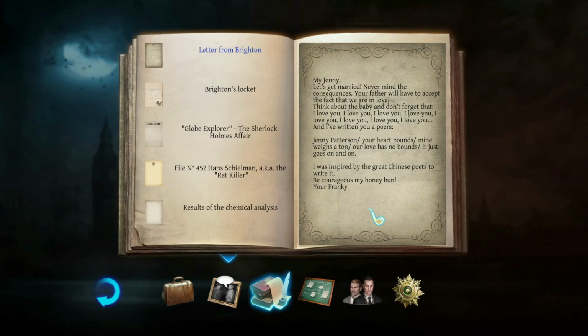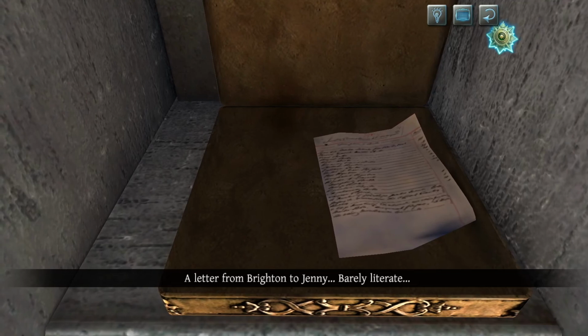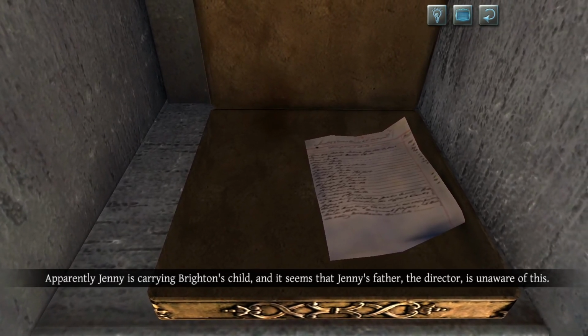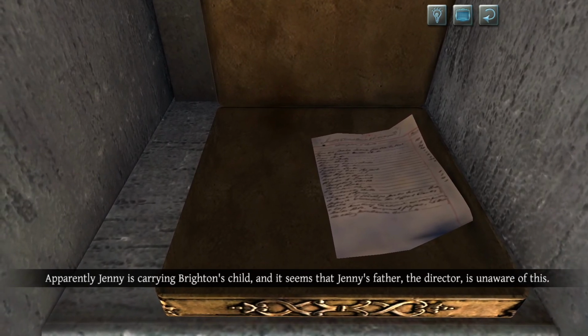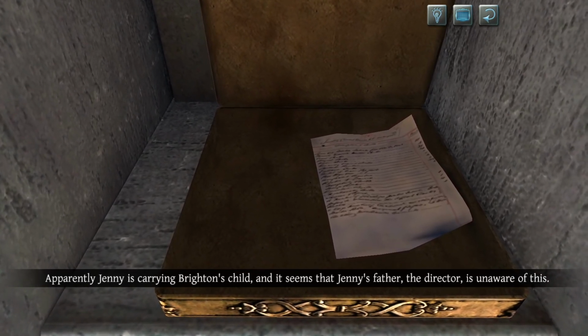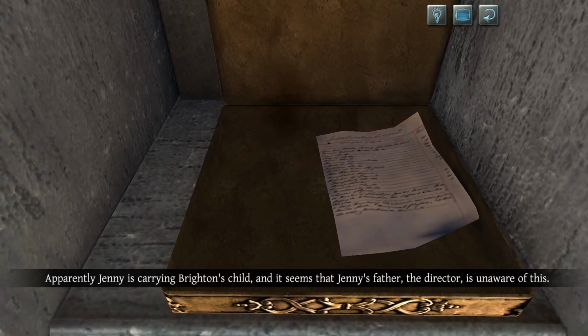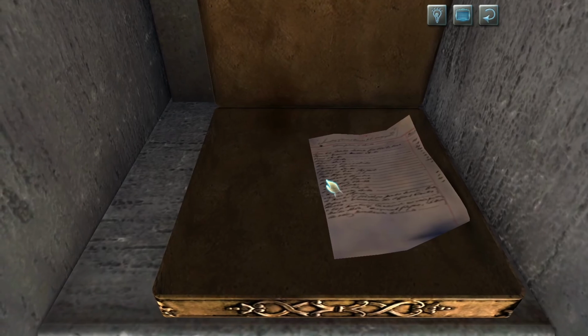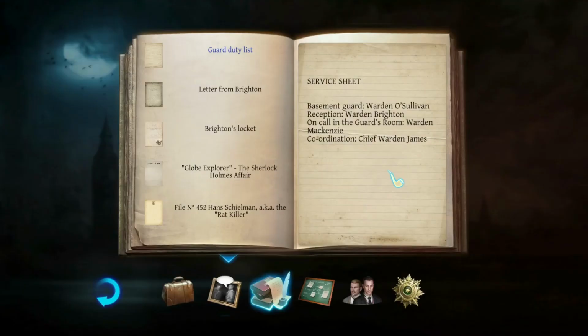Right. Okay. A letter from Brighton to Jenny. Barely literate. Apparently, Jenny is carrying Brighton's child, and it seems that Jenny's father, the director, is unaware of this. That will end up well, obviously. Service sheet. Basement guard, Warden O'Sullivan.